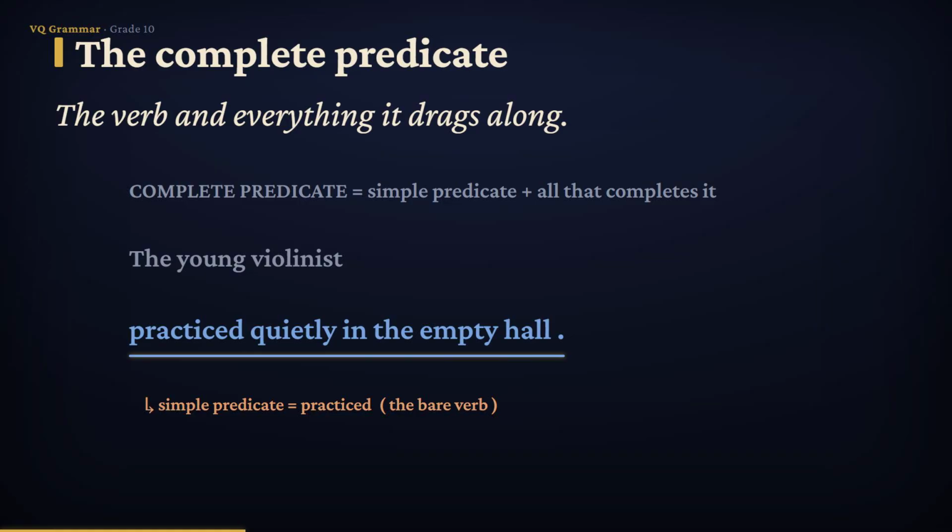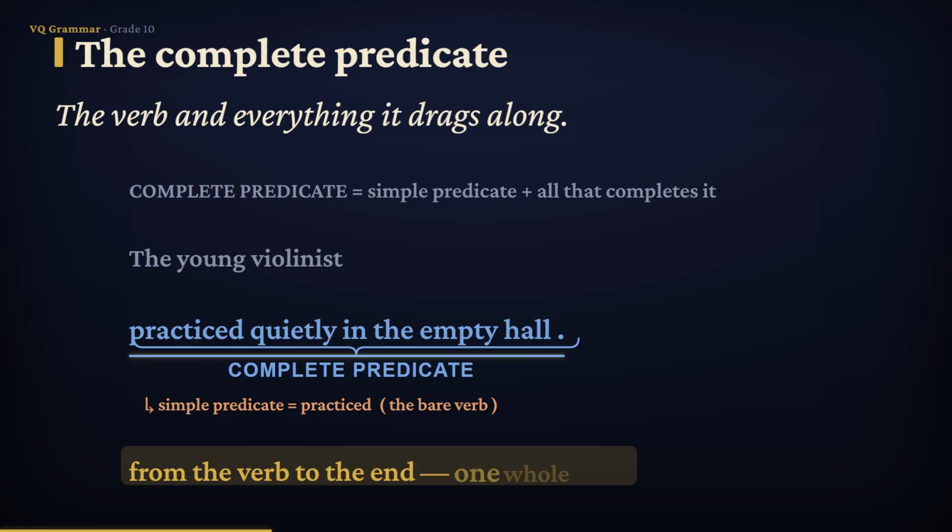But practiced all by itself doesn't tell the story. How did she practice? Quietly. Where? In the empty hall. Those words attach to the verb, so they ride inside the complete predicate too. Everything from the verb to the end of the sentence belongs to that second half.